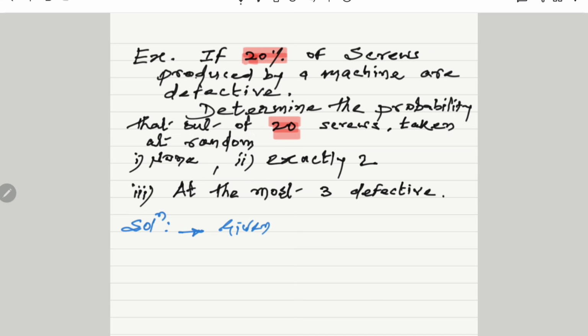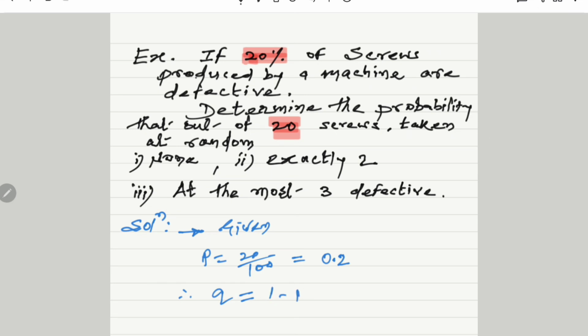Happening of an event is that screws produced are defective, and therefore here P is 20%, means 20 by 100, means it is 0.2, and therefore the value of Q, not happening of an event, means screw is not defective.